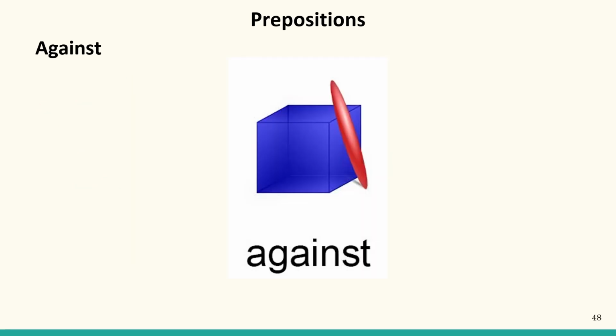Now we have another preposition, that is against. Against again can be used in three manners. As you can see this box and this stick, or this bar, this oval shaped stick, it is standing in support of this box.